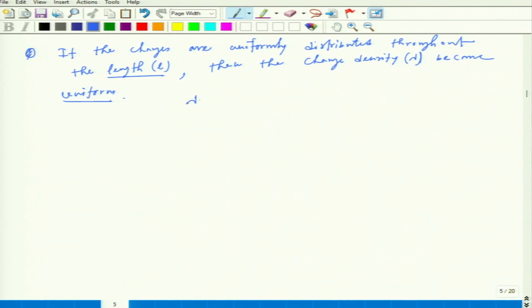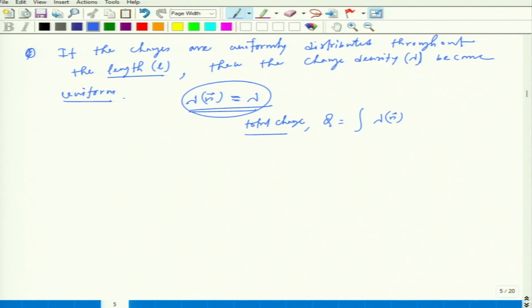That means lambda is not a function of r, it is a constant. So lambda as a function of r equals lambda, and the total charge q is the integral of lambda dl over the line.